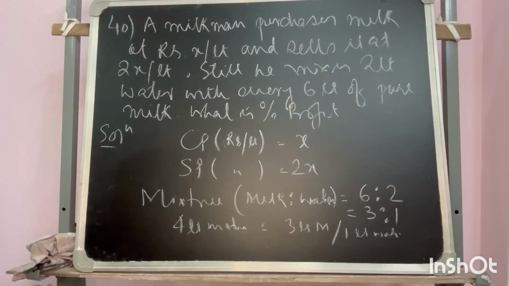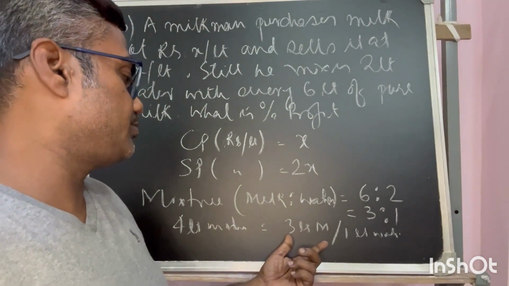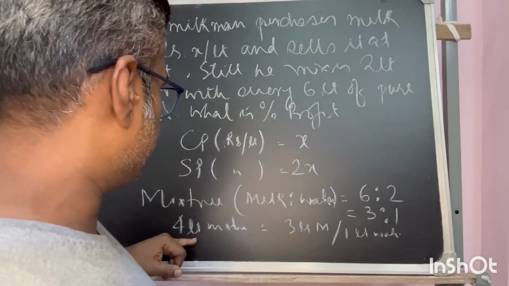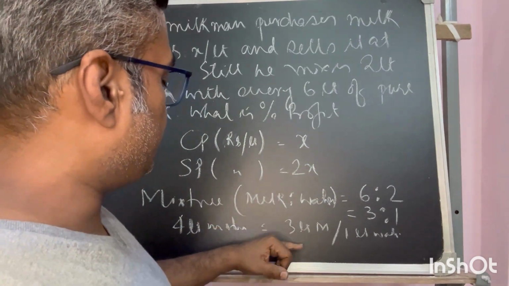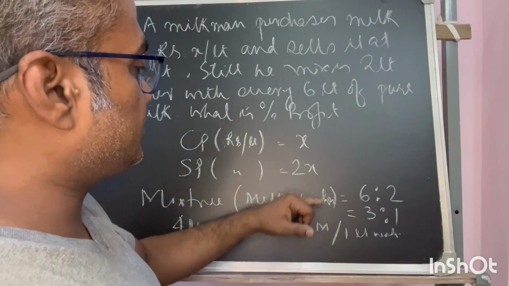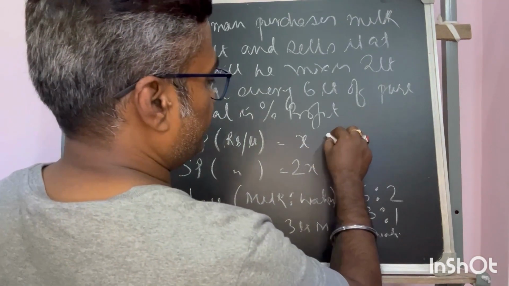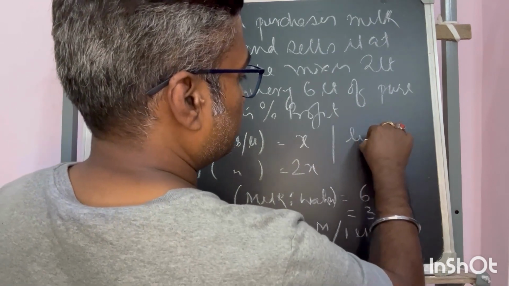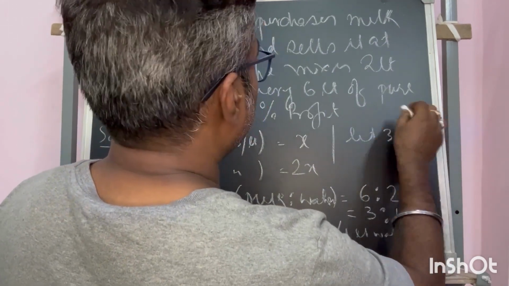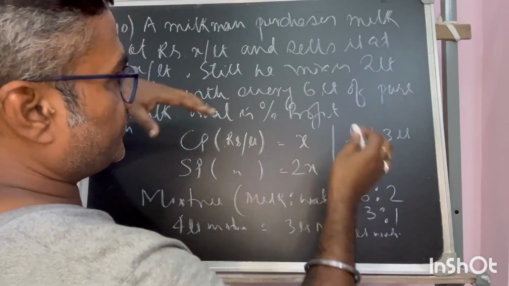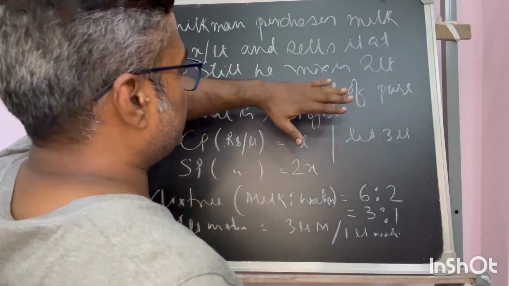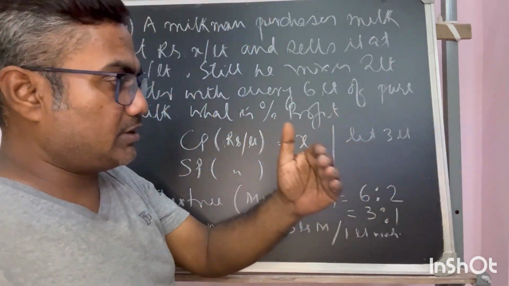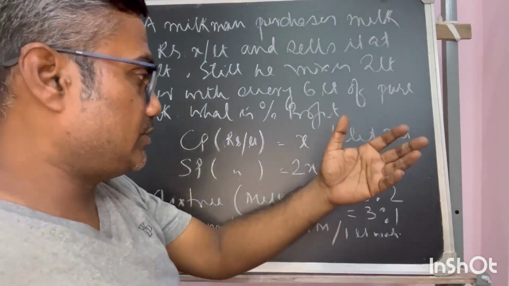So during selling, if he is purchasing pure milk, for the round off, I am taking that 3 liter he is purchasing at a rate of X. I can take any volume, because that would be a proportion, as I always said that this transaction is linearly related with all these variables.